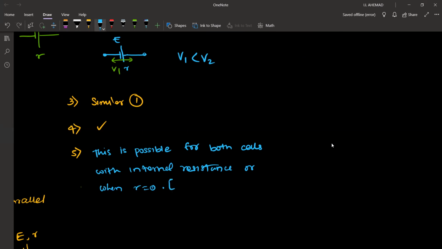Why? Since I equals 0 for an ideal voltmeter, then the answer has to be fifth. Clear?